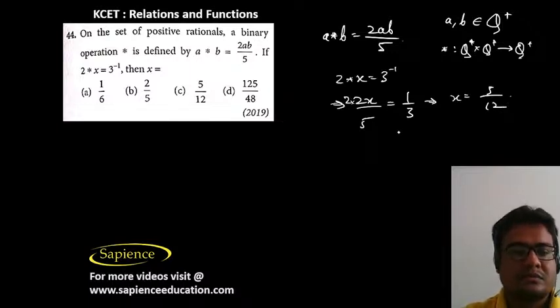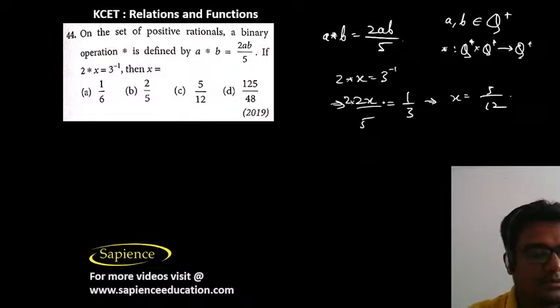But in the question, 2AB by 5 is equal to 3 inverse. Now 3 inverse means the inverse of 3, the inverse element.